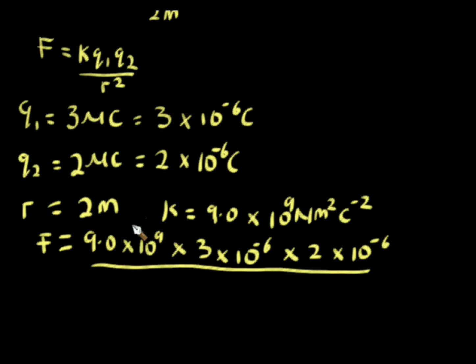Now, our r is 2. The formula says we take the square of r, and so that will be 2 square. Our force is equal to 5.4 times 10 raised to power minus 2 divided by 2 square, which gives us 4.